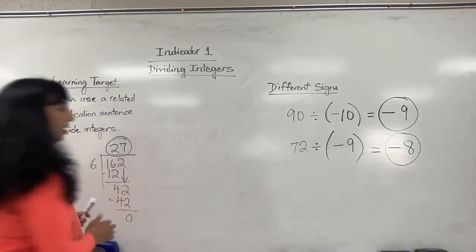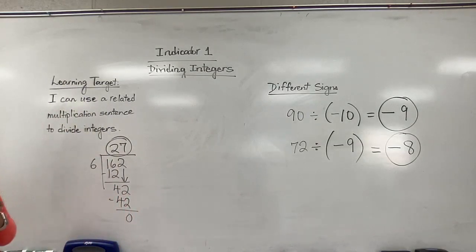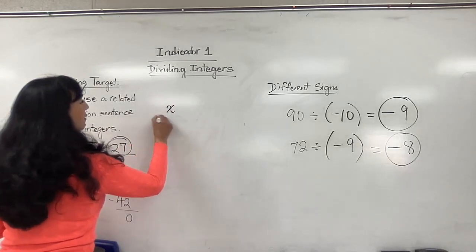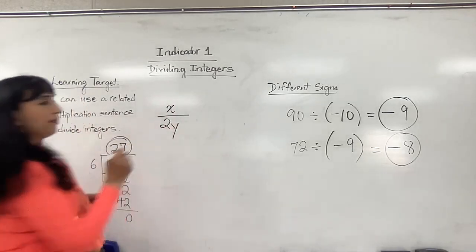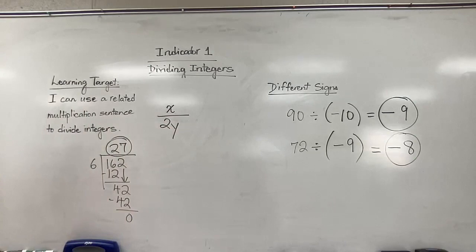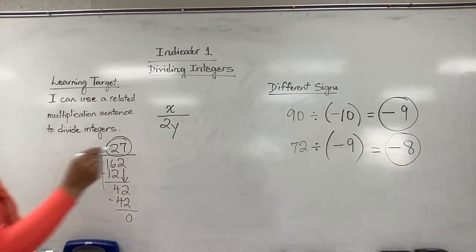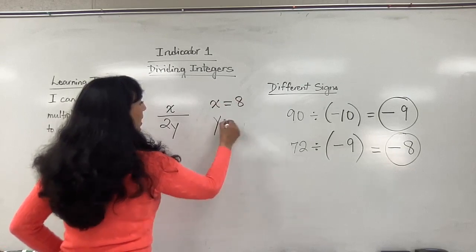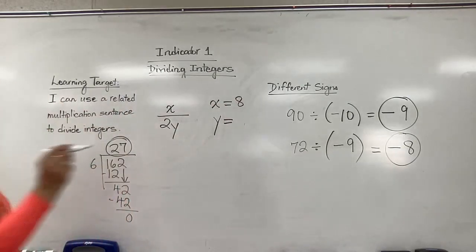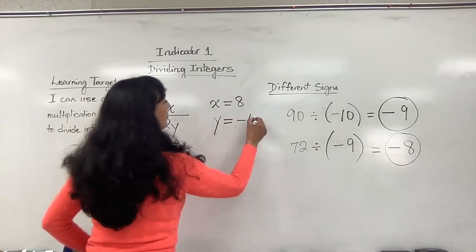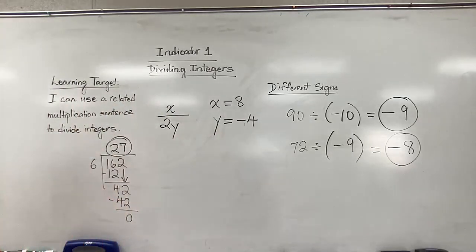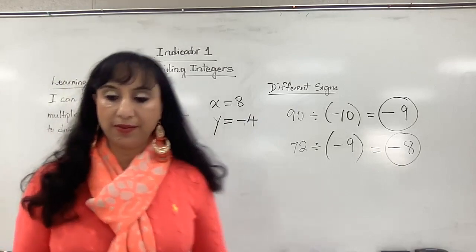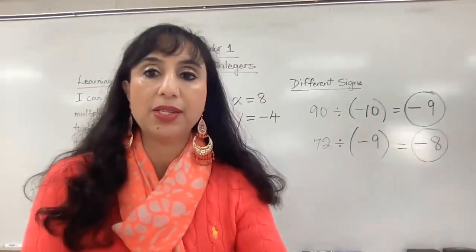Let's say I give you, we need to solve for x divided by 2y, and it's telling me that x is equal to 8 and y is equal to negative 4. So now what I'm going to do is substitute the values.